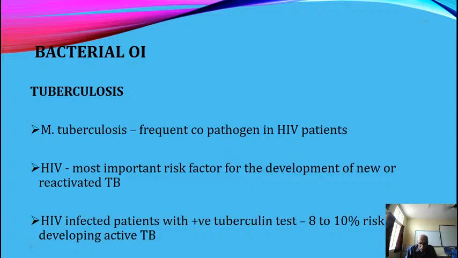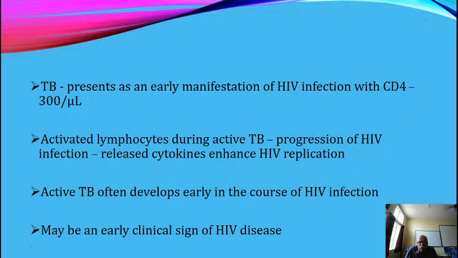So whenever you diagnose HIV, always rule out TB because they coexist most of the time. In 50% of the cases, they are associated with each other. Suppose TB is diagnosed, rule out HIV. Invariably screen for HIV.